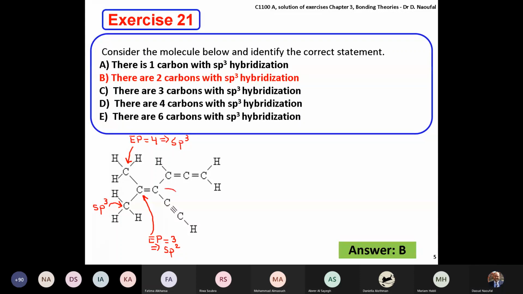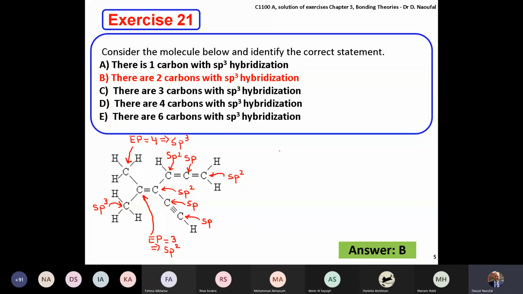This carbon is sp2. Pay attention, the double bond or the triple bond is counted as 1 EP. This carbon is sp, since EP equal 2. sp2, EP equals 3, 1, 2, 3. sp, we have 2 bonds, and this is sp2.